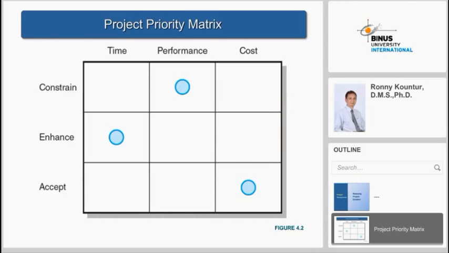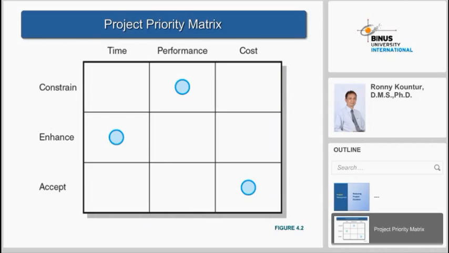For example, if the time to complete the project is 25 days, and we want to reduce it to 20 days, then we have to sacrifice either performance or cost. So probably the performance of the result of that project will be reduced, or there will be additional costs. So there will be sacrifices.